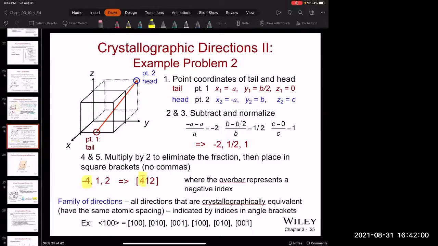Now here is the family idea. The previous one I showed you was the same direction, but you can think about that direction in several different ways. Let me use this red color to draw several lines here. I'm creating a direction like this, another direction like this, and another like this.